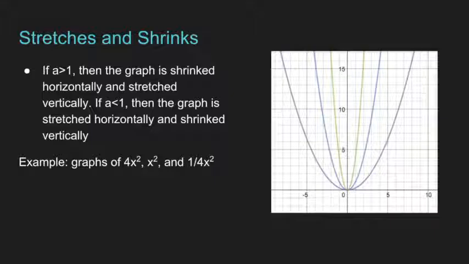Now you can see in the green, the graph 4x squared is the vertically stretched graph of x squared. Notice how it increases at a more rapid pace because it's being stretched vertically, but it doesn't expand horizontally as fast because it's under a horizontal shrink.